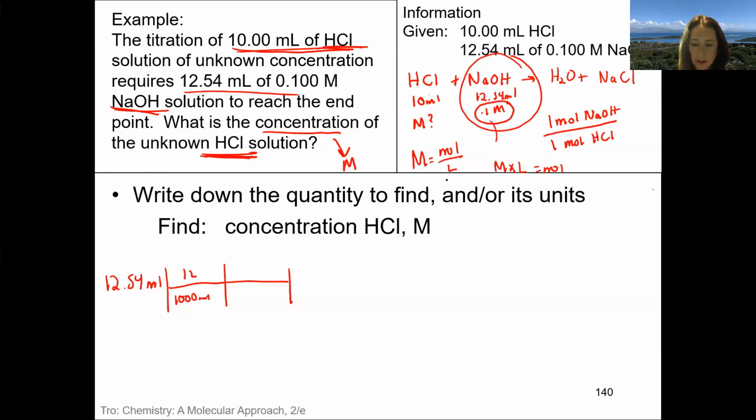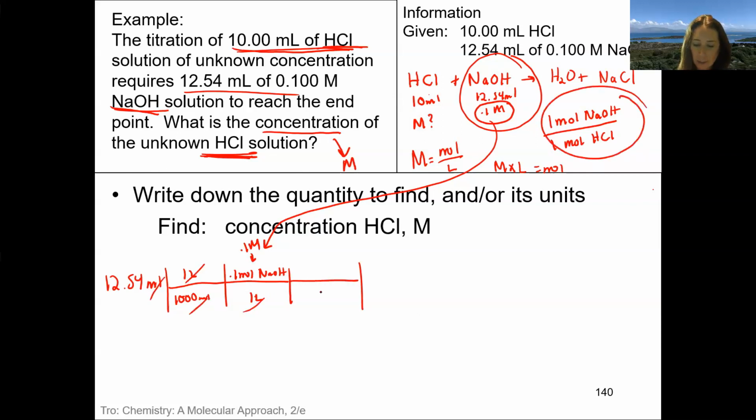Now we can use our molarity because remember, 0.1 moles of NaOH, that is 0.1 molar. That is the same exact thing. Now I can use my mole ratio. NaOH has to go on the bottom because I want to cancel it out. Cancel, cancel, which means moles of HCl needs to go on the bottom.